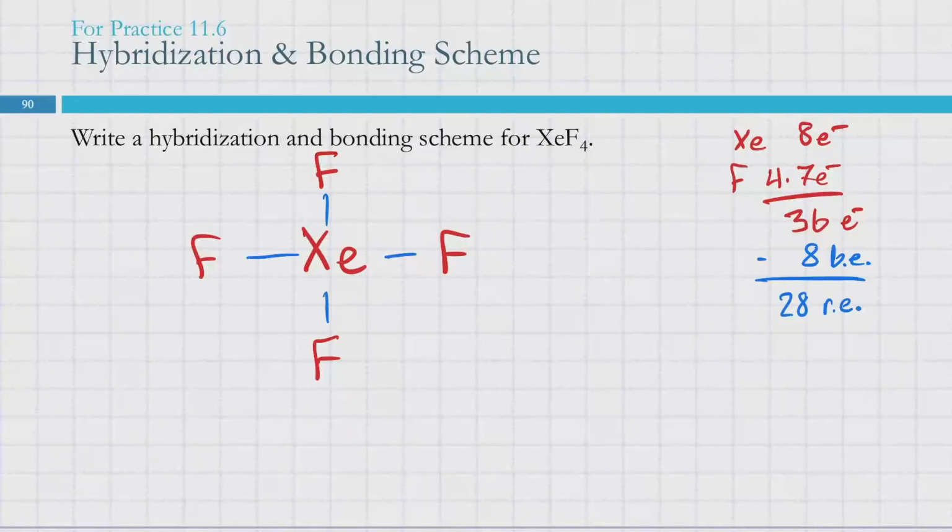What is the goal in Lewis structures? How do we know when we're done giving electrons to an atom? Yeah, when it has a full valence shell, when it has a full octet. So looking at our fluorines, they've each got 2 electrons from the bond. We can give them 6 more. And 6 times 4 is 24, so we're placing 24 electrons there.